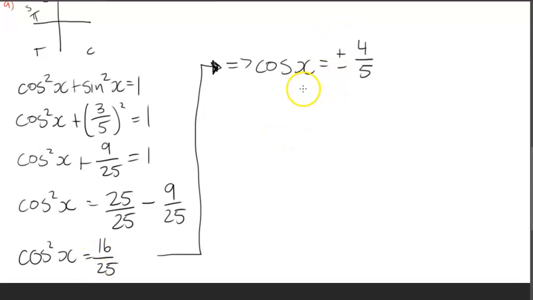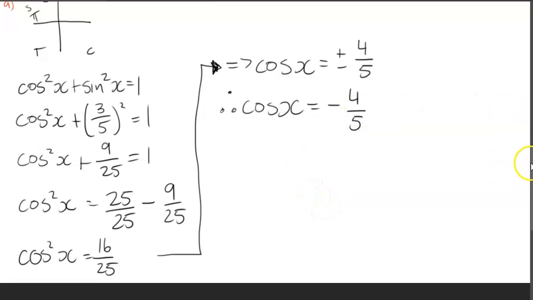So cos x is equal to plus or minus 4 over 5. But again, we've already established that because we're in the second quadrant, only sine can be positive. Therefore cos of x has to be negative 4 over 5.